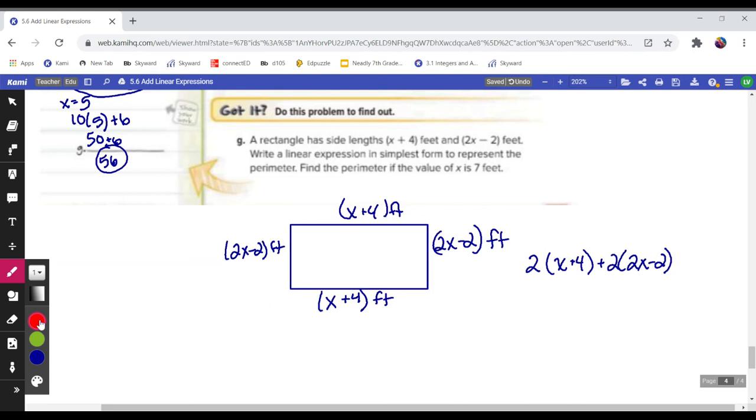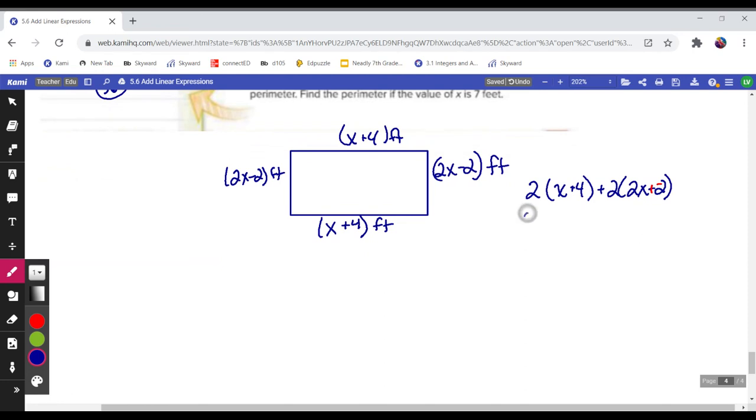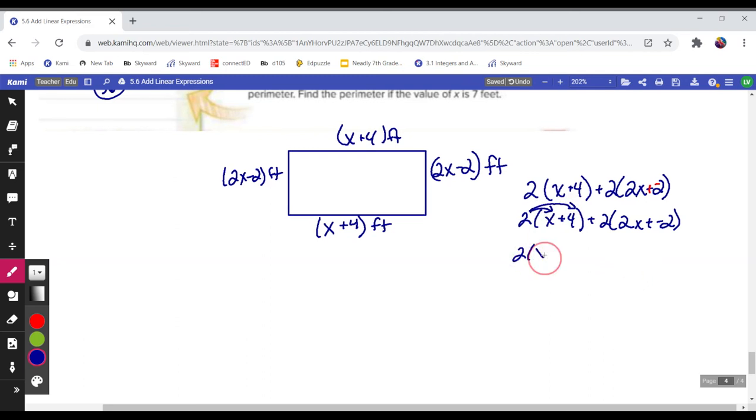So for the second expression, I'm going to add and make that into a -2, and then rewrite it. 2 times quantity x plus 4 plus 2 times quantity 2x plus -2. The first expression, I'm going to multiply 2 times x and 2 times 4.